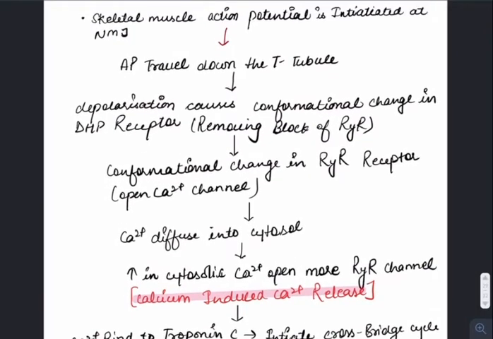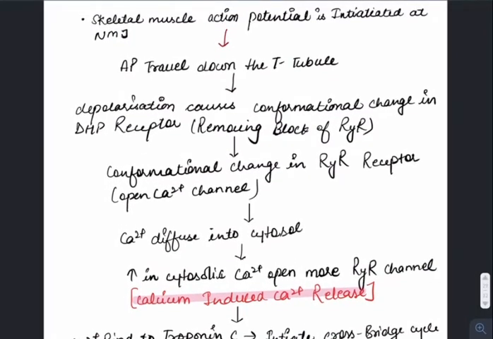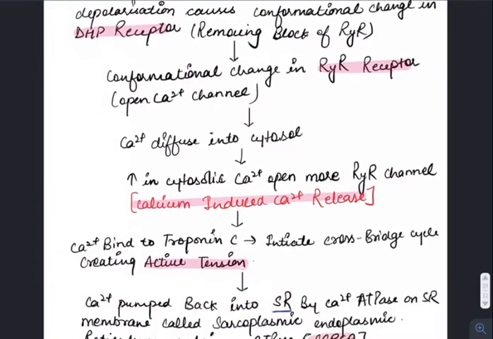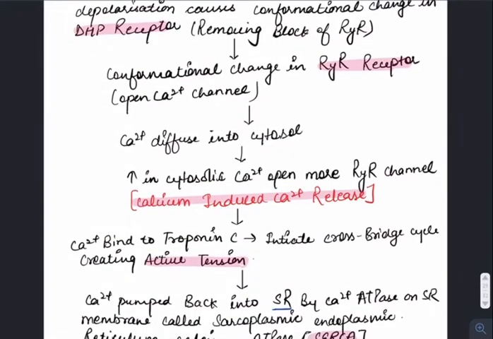So what is the sequence? First, the skeletal muscle action potential is initiated at the neuromuscular junction, and the action potential travels down the T-tubule. Depolarization causes a conformational change in DHP receptors, which leads to a conformational change in ryanodine receptors, and calcium diffuses into the cytosol. The increase in cytoplasmic calcium opens more ryanodine receptors, causing calcium induced calcium release.